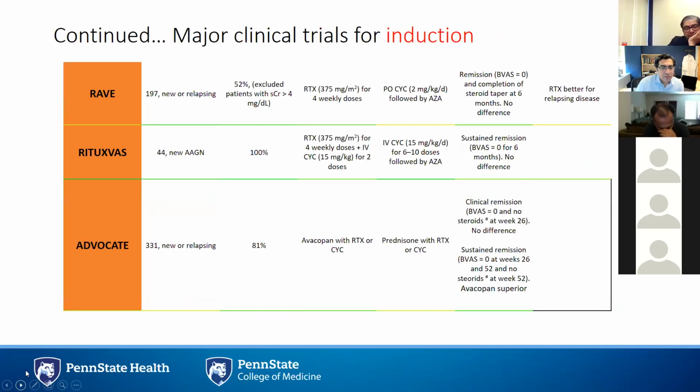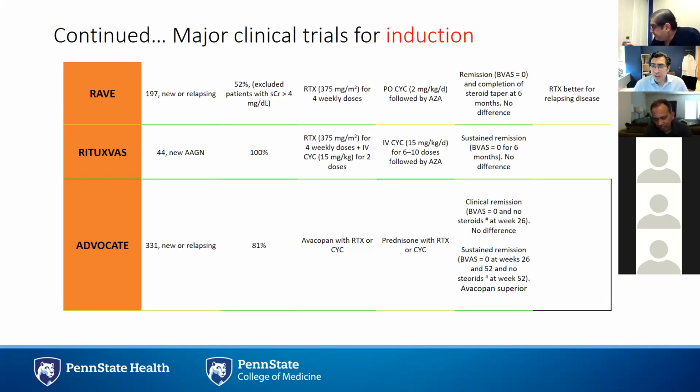So the next group of important trials, again, there are some other trials as well, but I think RAVE. We are still on the induction trials. RAVE has 197 patients, both new and relapsing. And this is the rituximab trial, which is 375 milligrams per meter squared for 4 weekly doses. And the control arm was oral cyclophosphamide followed by azathioprine, the classic treatment.